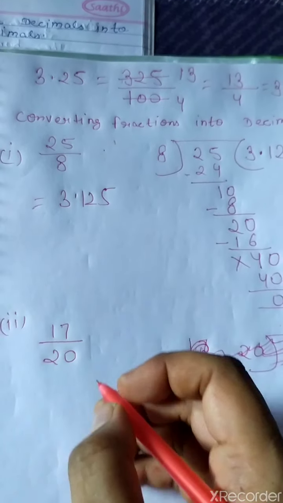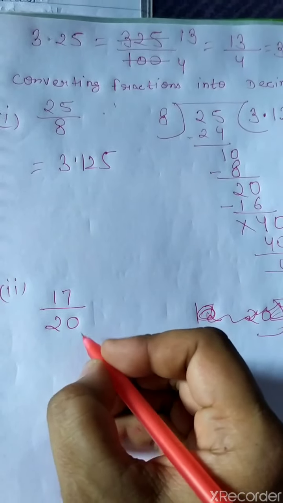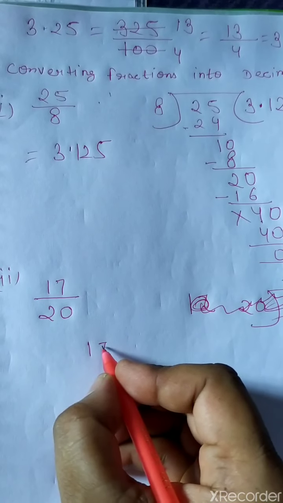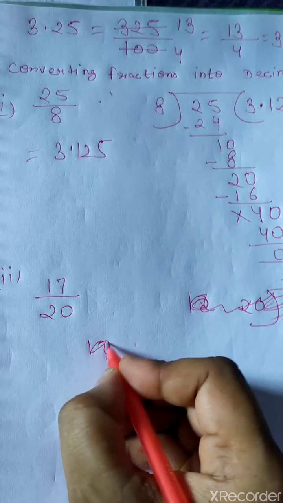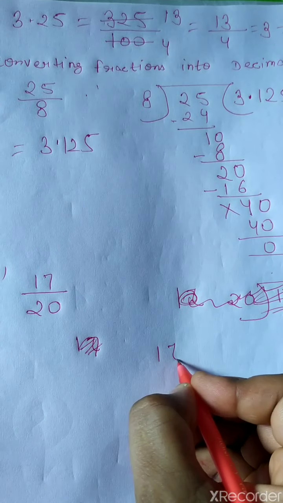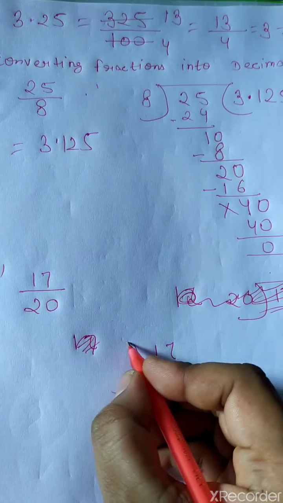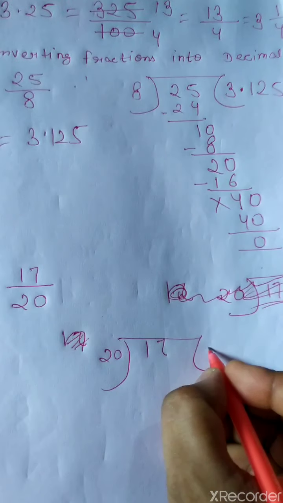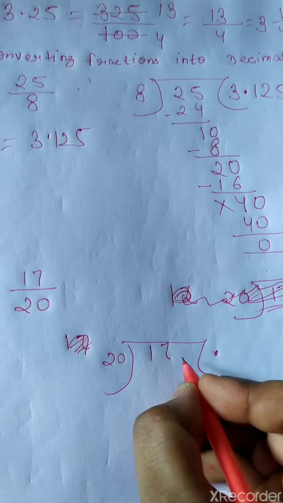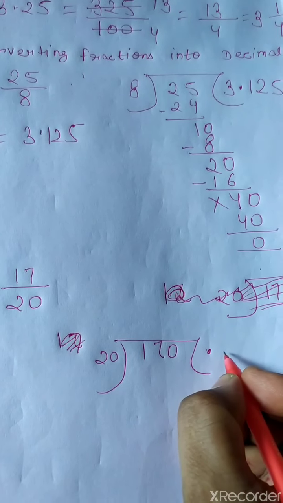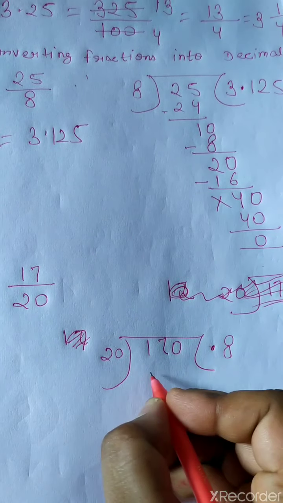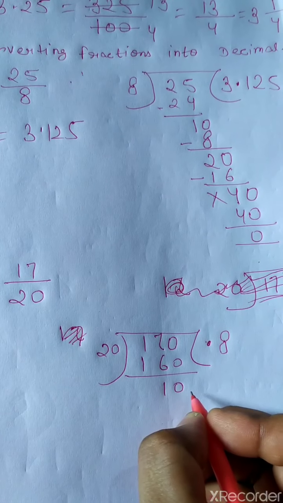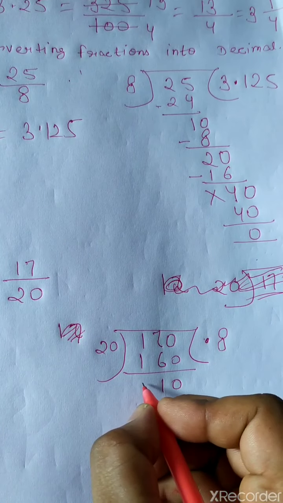Now if the number is 17 by 20, then this 17 is the numerator. Divide this number 17 by 20, and 20 into 17 is not divisible, then you give the point, then 1 0 will come. 20 into 8 times 160, then 10 is the remainder.